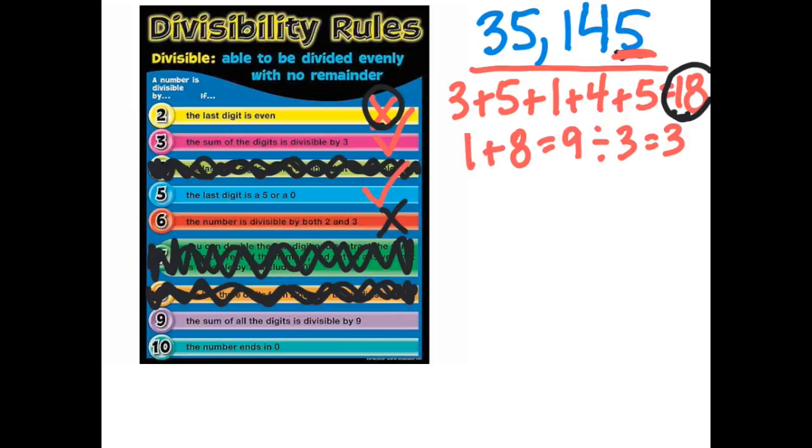So 35,145 is divisible by 9. And finally, a number is divisible by 10 if the number ends in 0. Well, this number does not end in 0, so 35,145 is not divisible by 10.